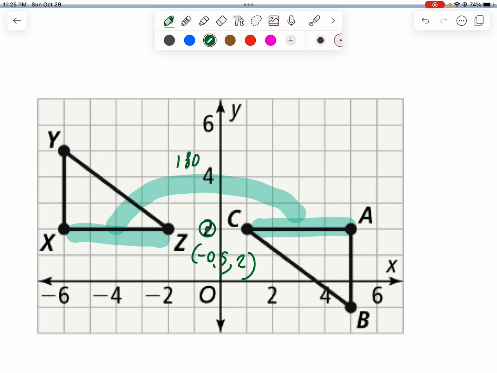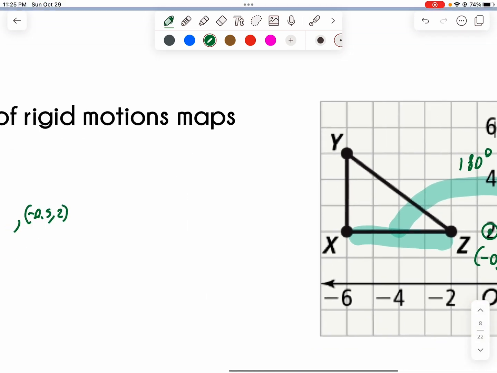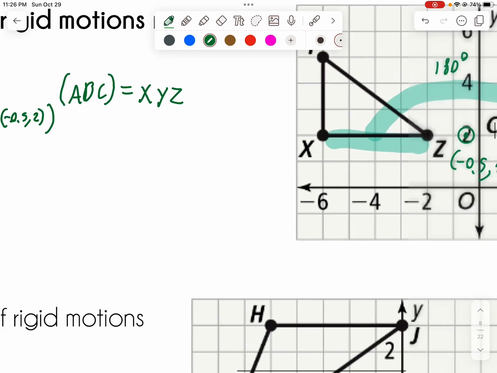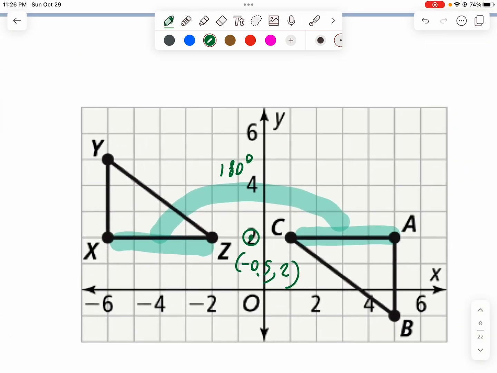If you remember, that's a 180 degrees rotation. Since we're going 180 degrees, I'm going to put 180 degrees there. You could still put a -180 degrees if you wanted, but that's what I'll do. So we're going to rotate 180 degrees about that point. And if we do that to ABC, we will get X, Y, Z. And there we go, a series of rigid transformations that will show that these two shapes are congruent.